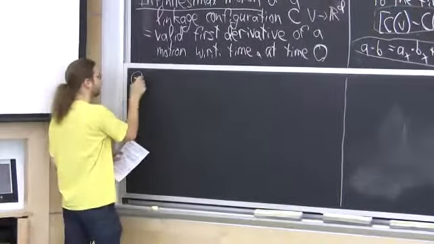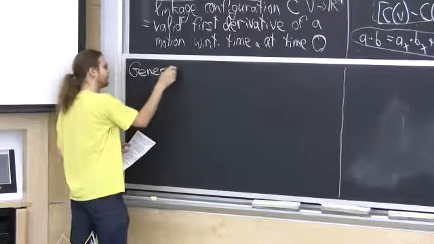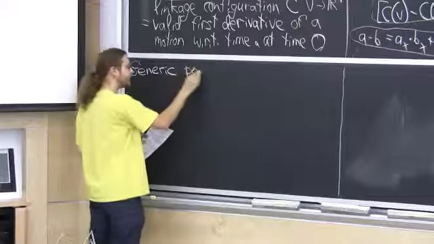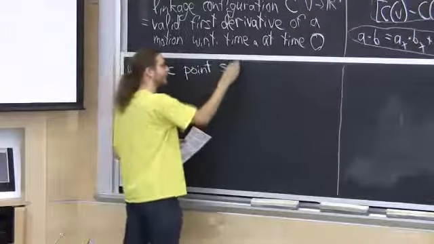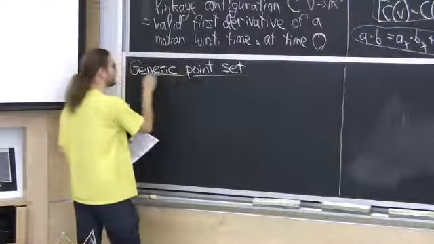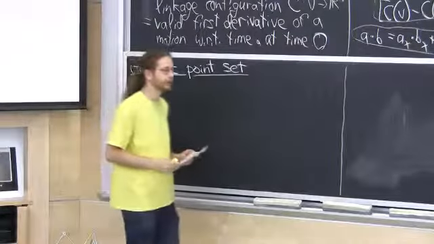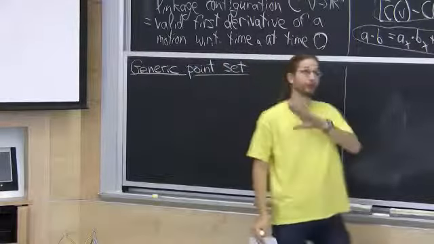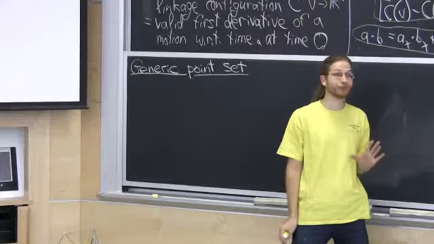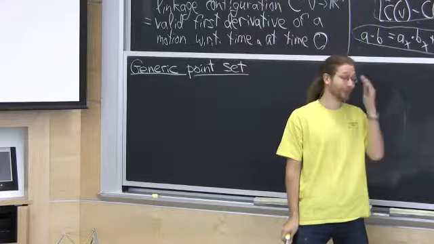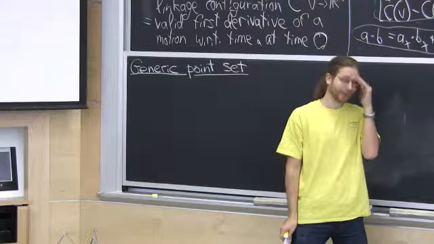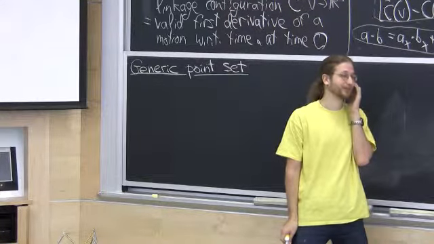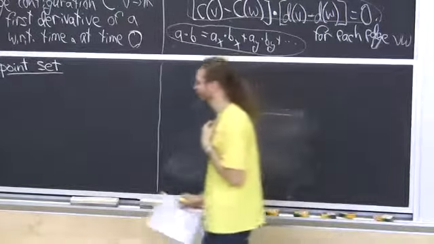Okay, one mathematical thing we can do is give another definition of a generic point set. Last class, we talked about one definition of generic, which was that you forbid all non-trivial polynomial, or algebraic, rational equations on your points, which is very messy and infinite and hard to think about.